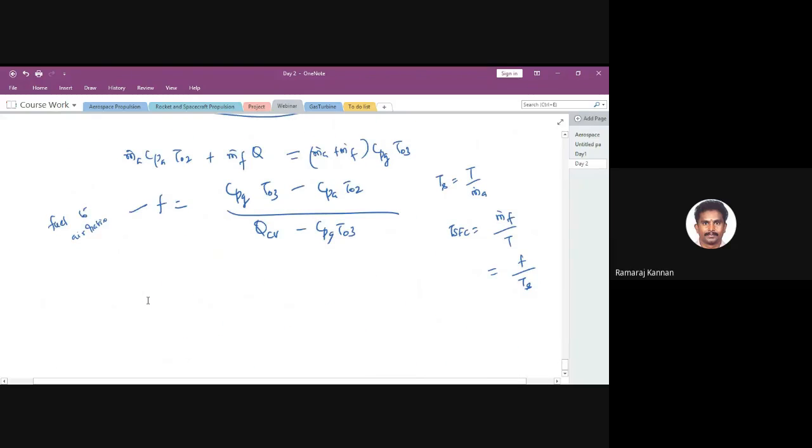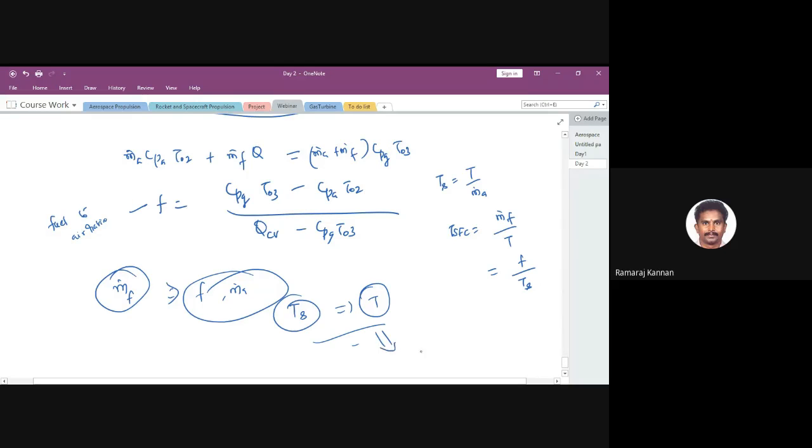Even here, if you want to find the fuel flow rate m dot f, if you know your f and the mass flow rate of the air, you can calculate it. Or otherwise, if they give the thrust, you can calculate your specific thrust. Using the thrust value and specific thrust value, you can get the mass flow rate of the air, and substitute it back here to get the mass flow rate of the fuel.